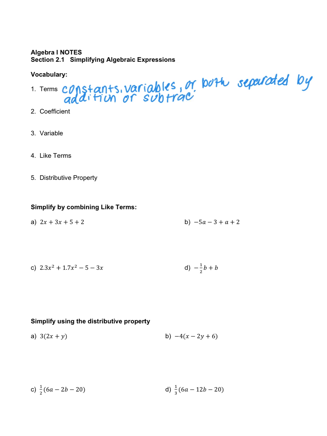So for example, if we were to have 3x plus 2y squared minus 5, these have three terms. So that is what we mean by terms.